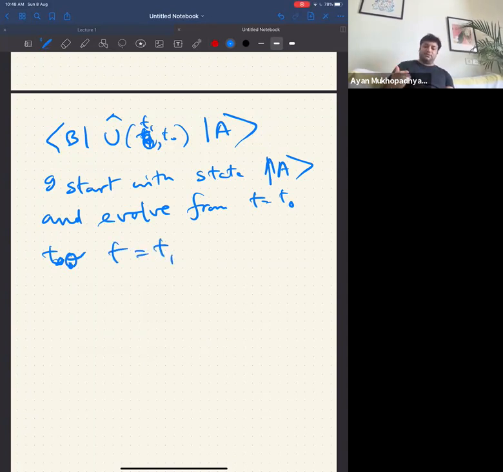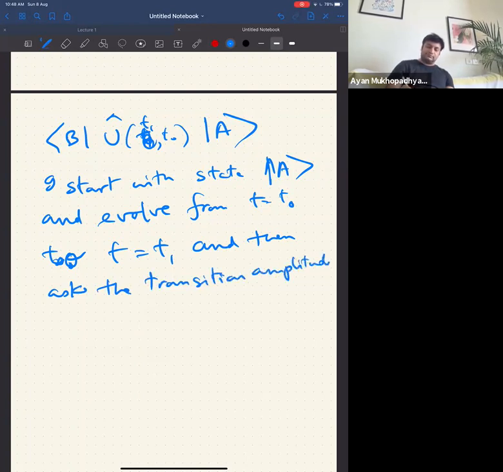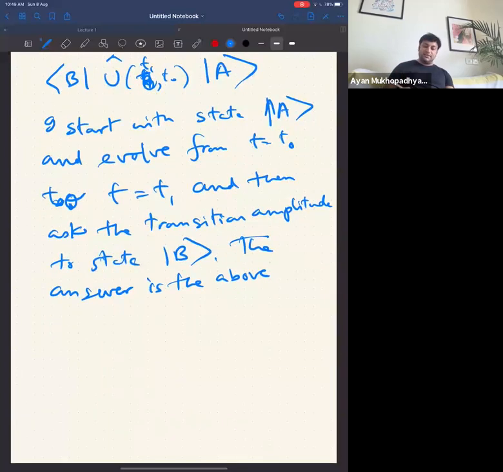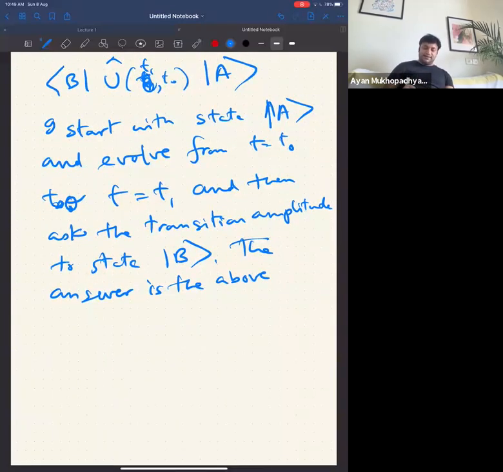I evolve it from t equal to t0, and then ask for the transition amplitude to state B. The answer is the above. So I start with some state A, evolve from time t0 with this protocol up to time t1, and then ask what is the transition amplitude to state B. This is what I have to compute, and now I can write it in a nice way.